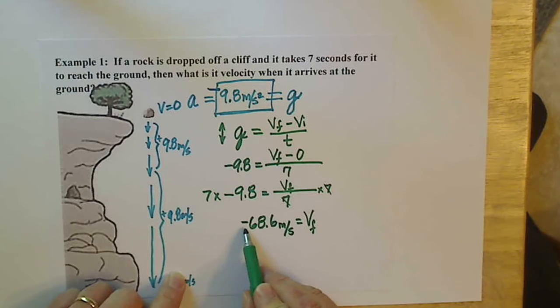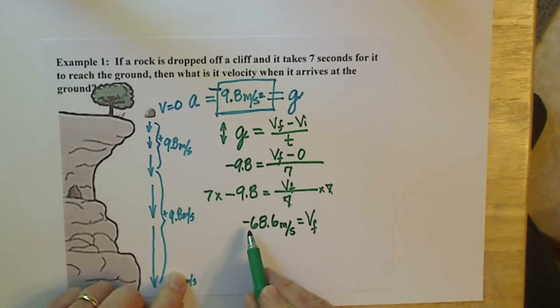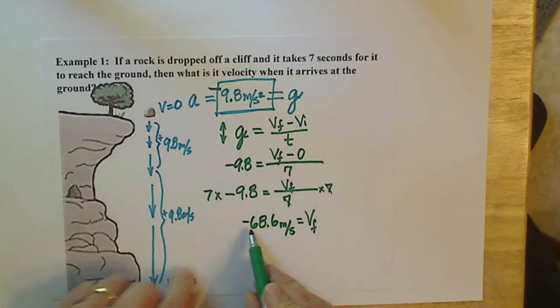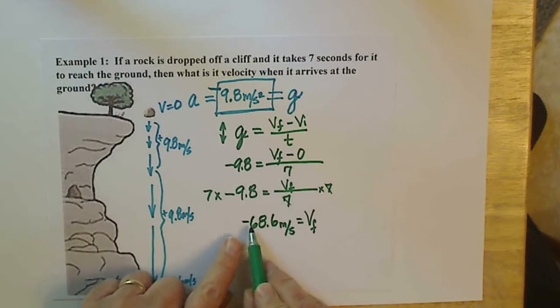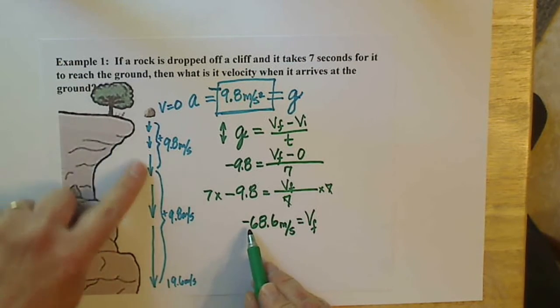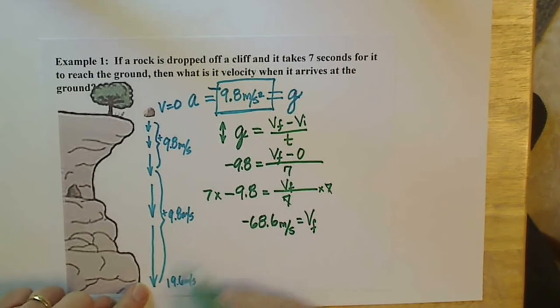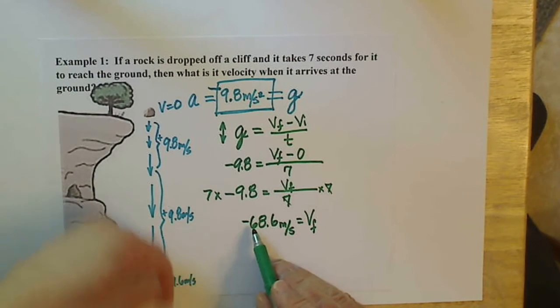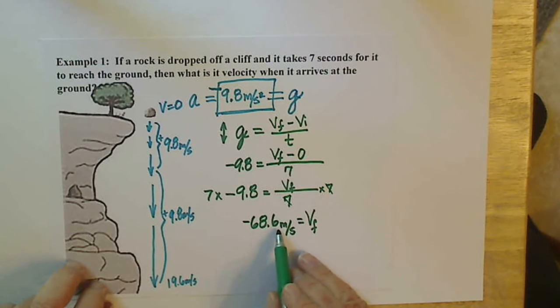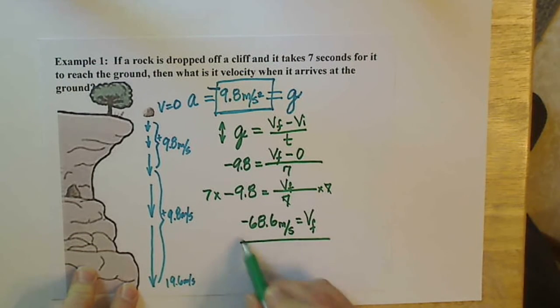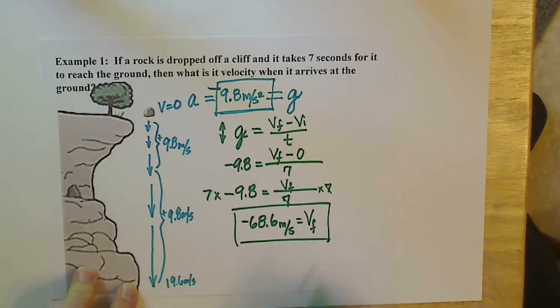Some people don't like it when the answer comes out negative. But what does that negative mean to us in physics? In physics, it always means direction. And negative means down. Does that make sense? Yeah, our rock was going down. So right before it hit the ground, it was going negative, which is downward, 68.6 meters per second. So there's the answer for the first one.